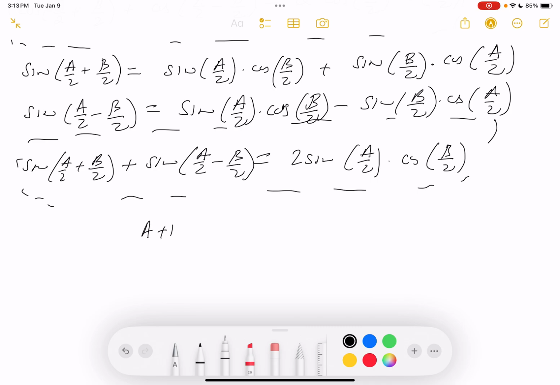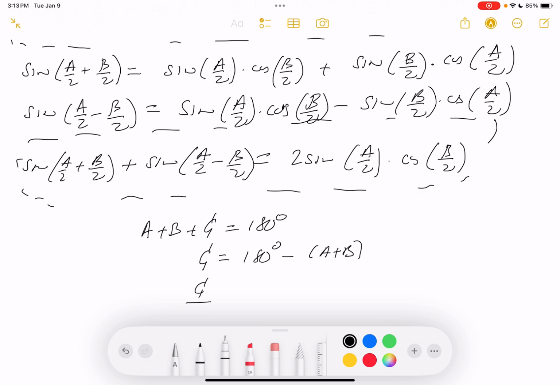I know that A plus B plus C is 180 degrees. So I could write down C is equal to 180 degrees minus, well, I'm going to put down A plus B here. All right? The next thing I could probably do is the half angle. I could certainly write that down.